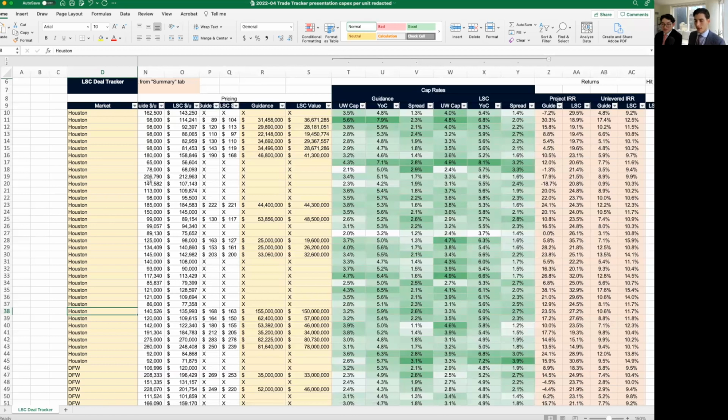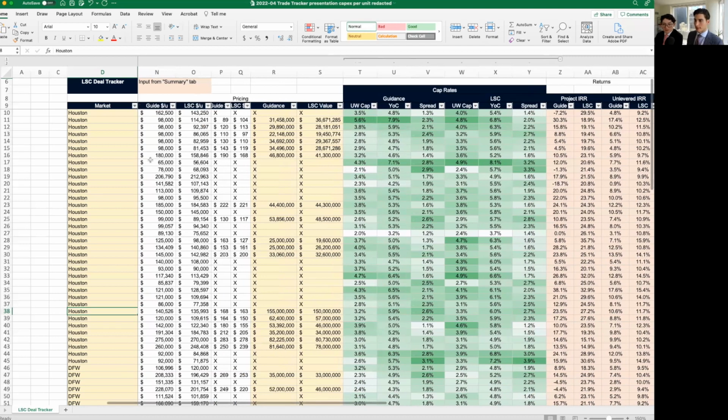This is why we encourage everyone to build this for themselves if you are underwriting deals every day in particular markets, because having these insights can be very valuable to help you understand what actually is a good deal in the market and what is not. That's at the end of the day what makes sense. But I want to elaborate a bit more on how our data would be better than what CoStar is providing. Yeah, so it's more accurate, right?